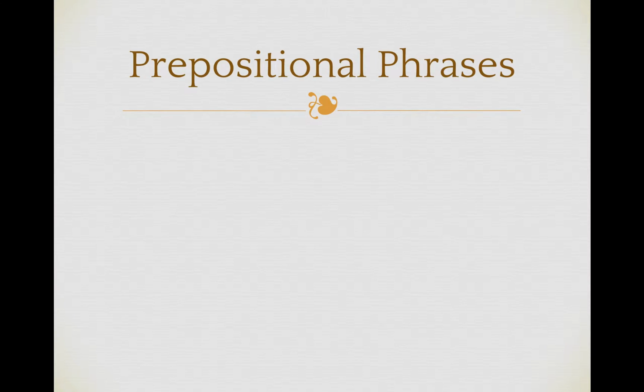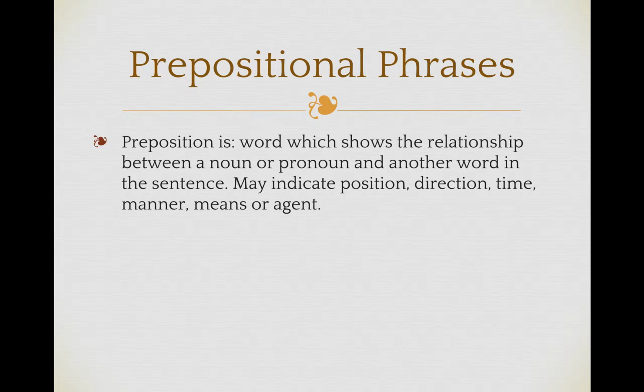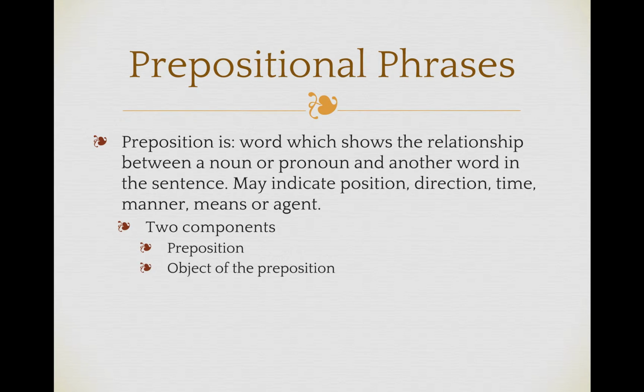Okay? Last but not least is prepositional phrases. In those, a preposition is a word which shows the relationship between a noun or pronoun and another word in the sentence. It can indicate anything from position, direction, time, manner, means, or agent. There are two components, and that includes the preposition itself as well as the object of the preposition.